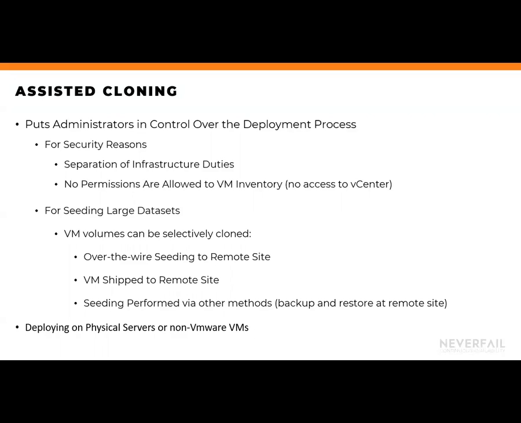Maybe you have multiple vCenters that are security isolated. So the DR site is on a different vCenter just because it is the DR site and they're completely isolated from the rest of the world. So essentially you have to ship that VM, that clone copy over, import it, and bring it into this. So that's why you would need an assisted cloning process.